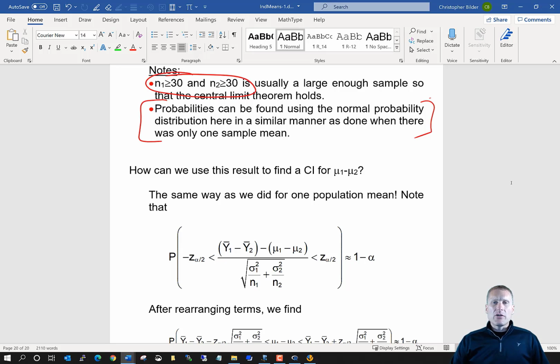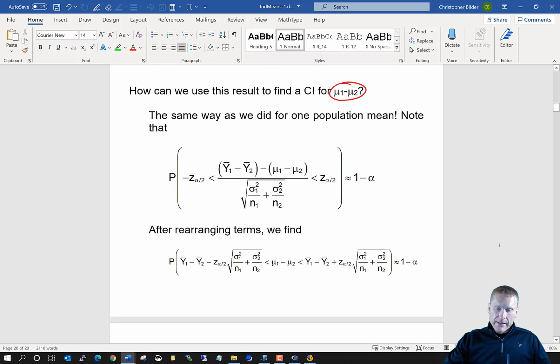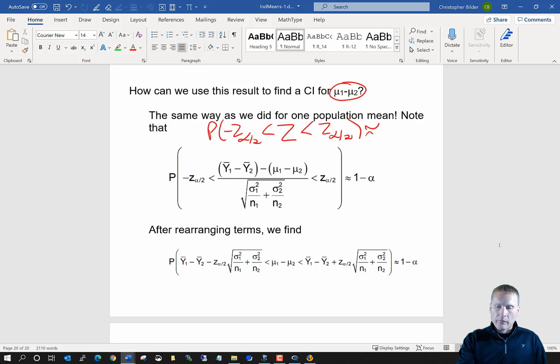So how can we use this result, like we did in the past, to find a confidence interval now for mu1 minus mu2? Well, back in the past, we looked at a quantity such as this, where this z was y bar minus mu over the square root of sigma squared divided by n.